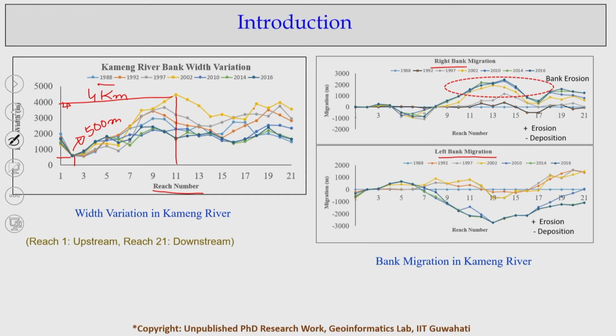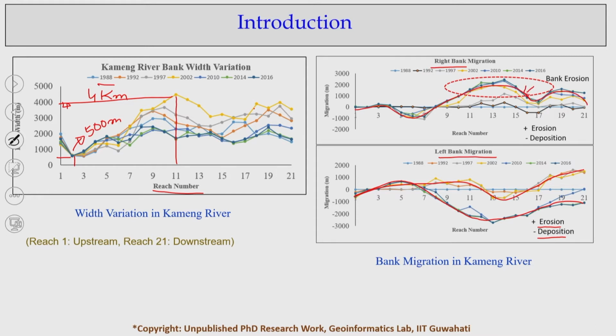The positive part is erosion, the negative part is deposition. If you look at the trend, there is a trend like this and a trend like this. Two processes are happening, and that is reflected here, whereas on the right bank most of the time the process goes like this.